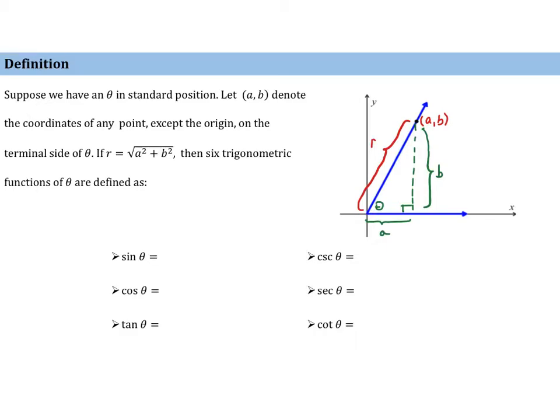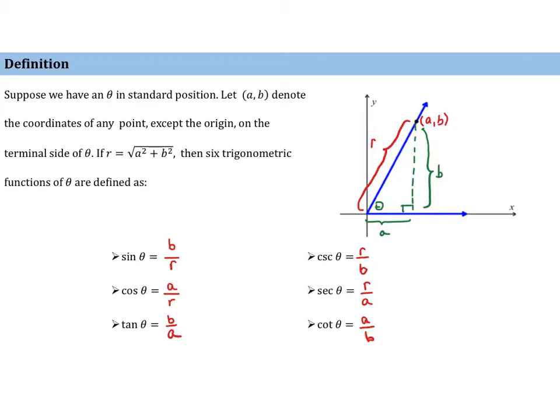So therefore it makes sense to say sine of theta is B over R. Cosine of theta will be A over R. Tangent of theta is B over A. And then to make our reciprocal functions consistent with previous definitions, we have R over B, R over A, and A over B. And then we can go ahead and move this angle into different quadrants, as long as we maintain that A and B don't necessarily have to be lengths of sides.